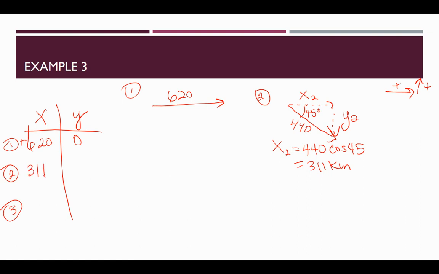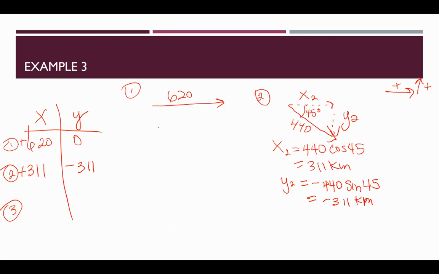Again, that's in the positive direction, so I'm keeping it positive. And then my y2 is downward, so it's negative 440 sine of 45, which is going to be the same as it was before, except opposite, negative 311 kilometers. So this is negative 311.